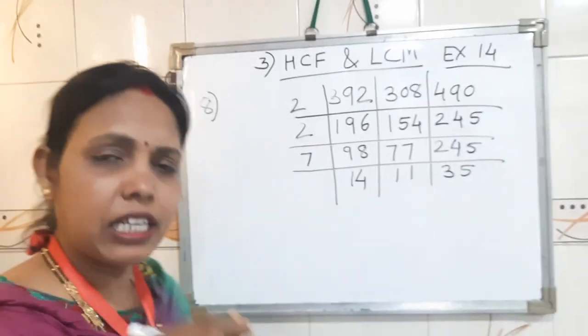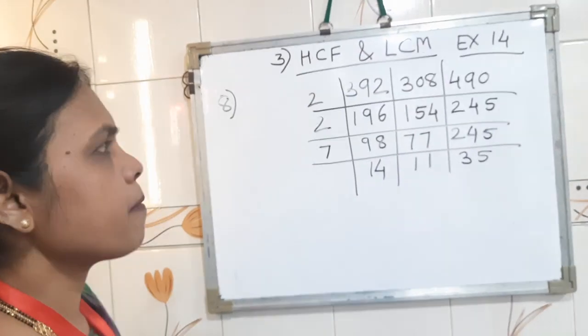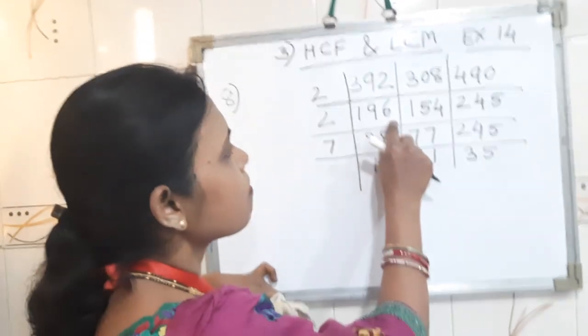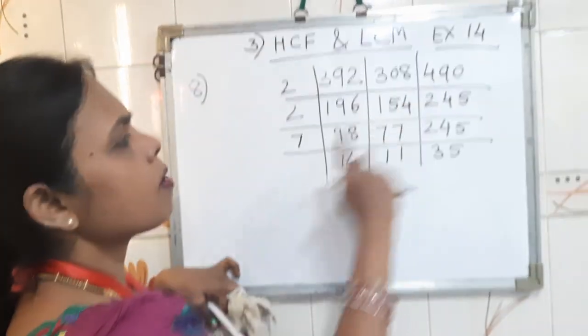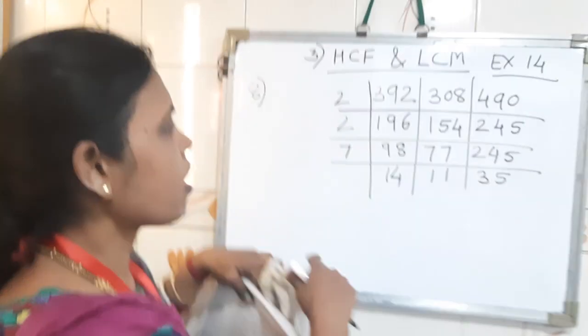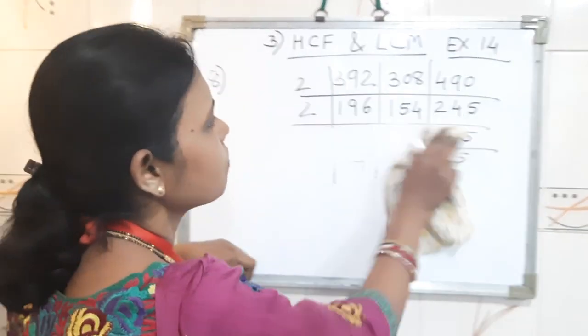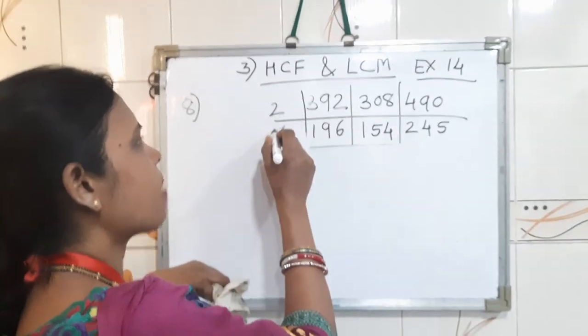Greatest means GCD we are going to find out. That's why which number we took, 2, only two numbers were divided, the third number was not divided. That's why this one we will drop and take directly 7.